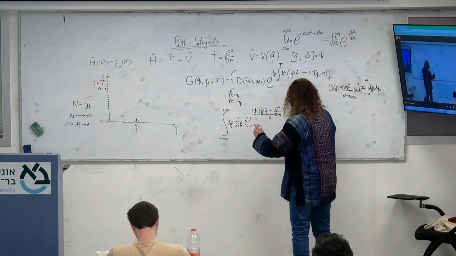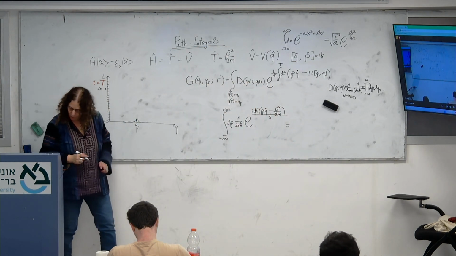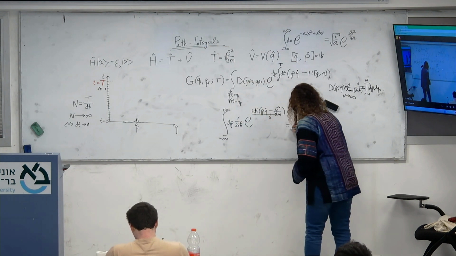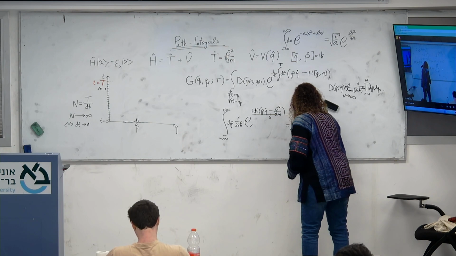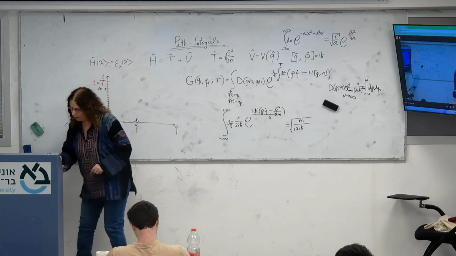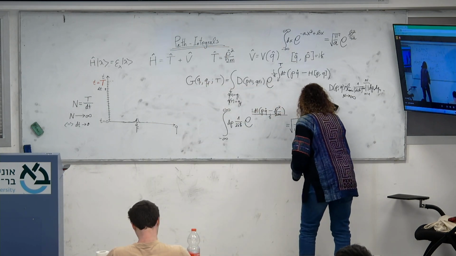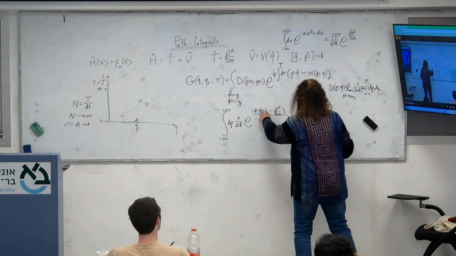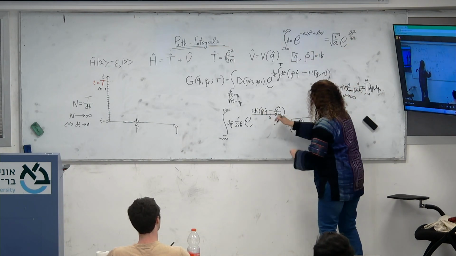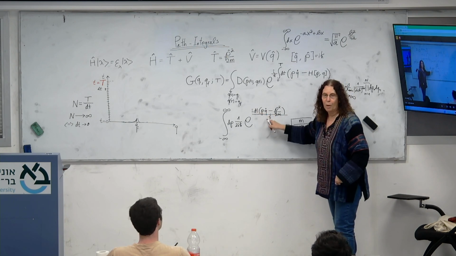Okay, so this is what I'm doing here, and let me write down the result with all the normalization. So it's m over i 2 pi h bar dt, times, and now what is my linear term with the b? It's actually q dot dt over h bar.